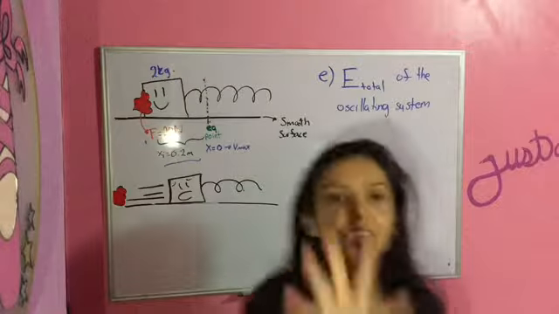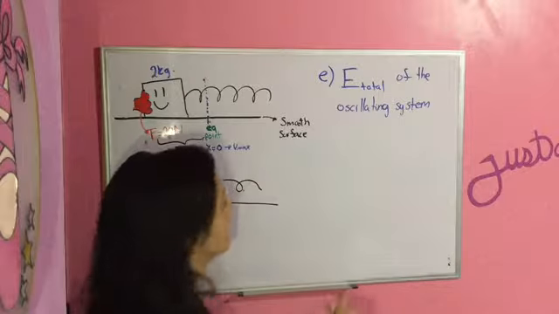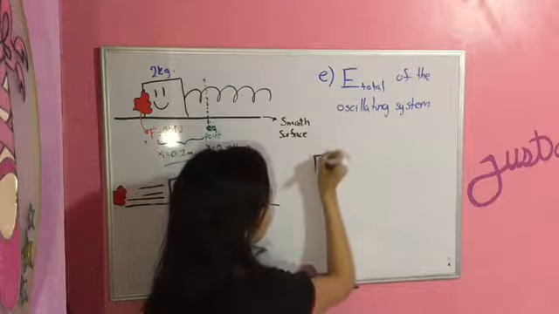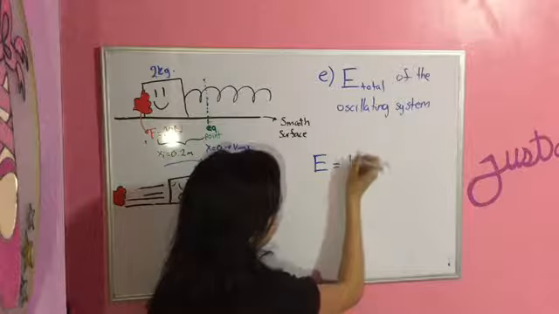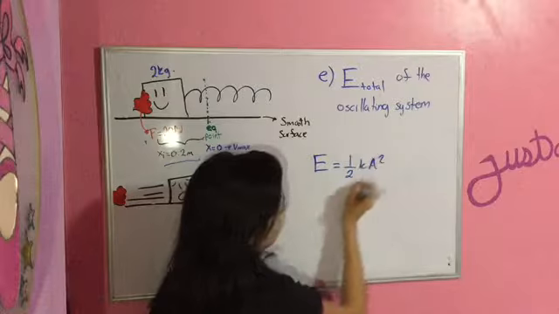Now the fifth question is asking us for the total energy of the oscillating system. So we know that the total energy is defined by this equation, 1/2 of the spring constant times the amplitude squared.